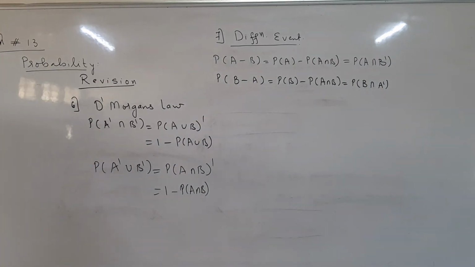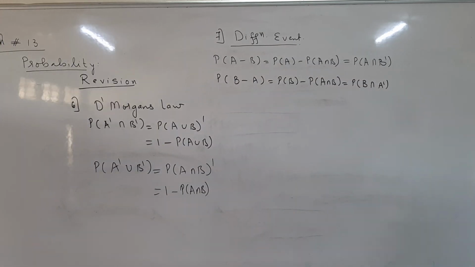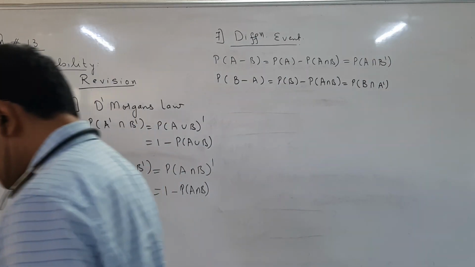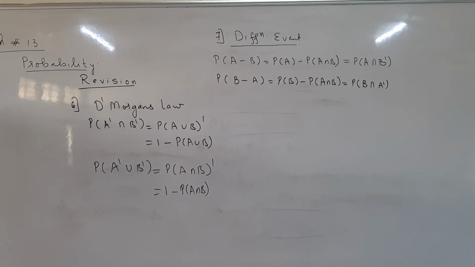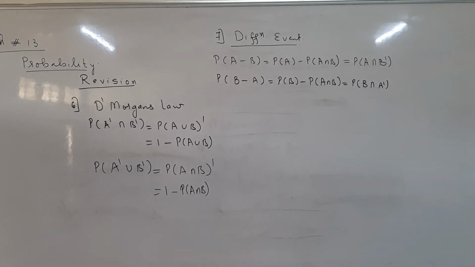This also, students, we have to perfectly remember and memorize. A minus B is, in fact theoretically, equal to A intersection B complement. And students, B minus A is equal to B intersection A complement.